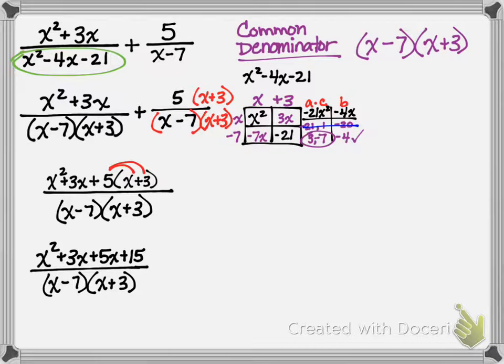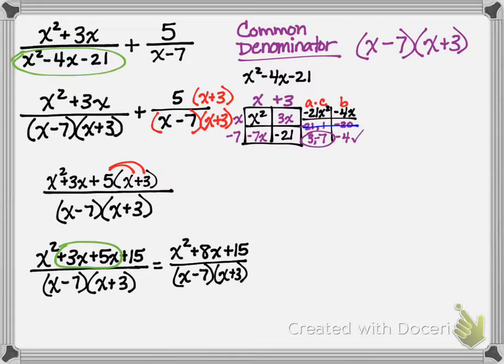And then I combine my like terms. I see I have 3x and 5x that can combine. And so that would give me x squared plus 8x plus 15 over x minus 7 times x plus 3. I can't stop here though, because this might simplify further.